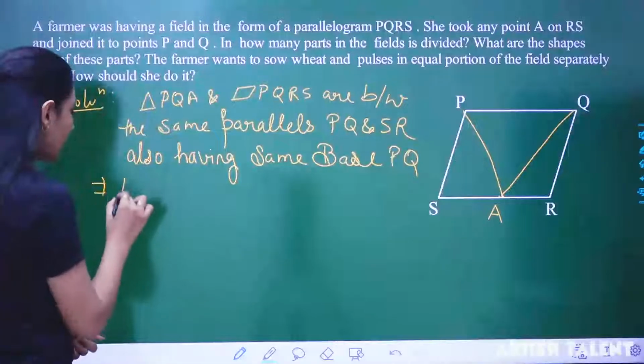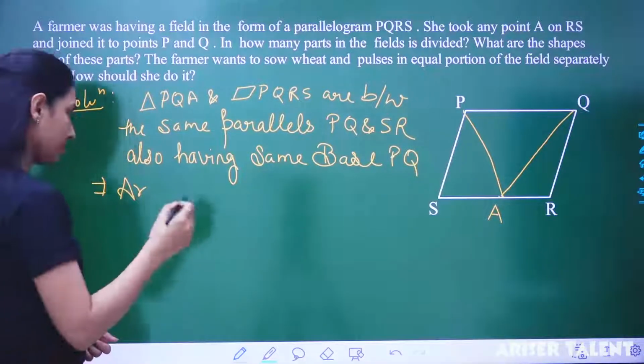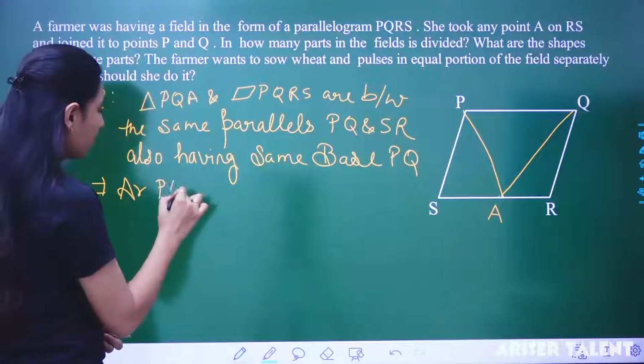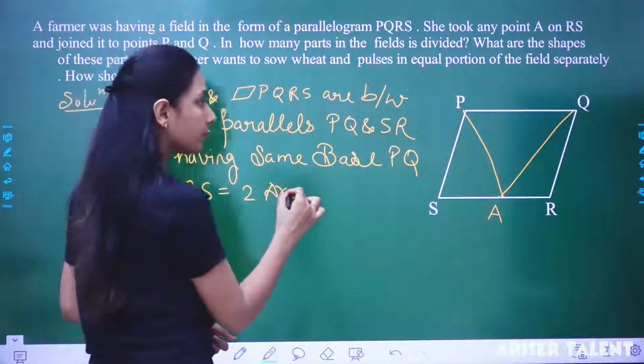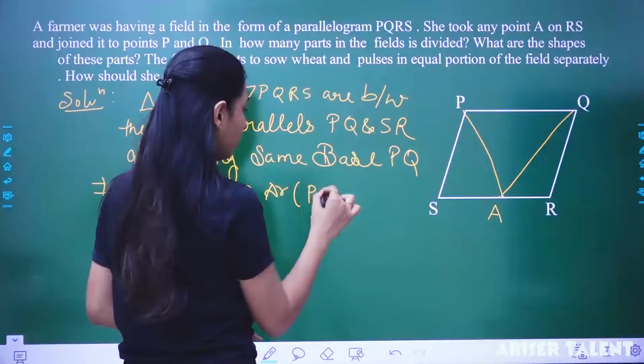This implies that area PQRS is equal to twice area PQA.